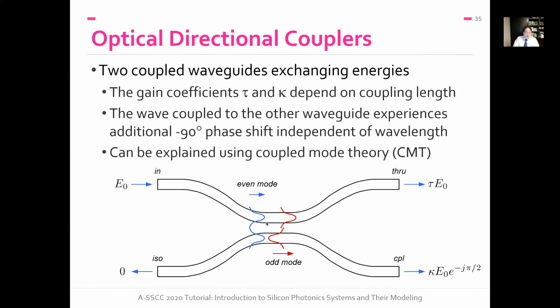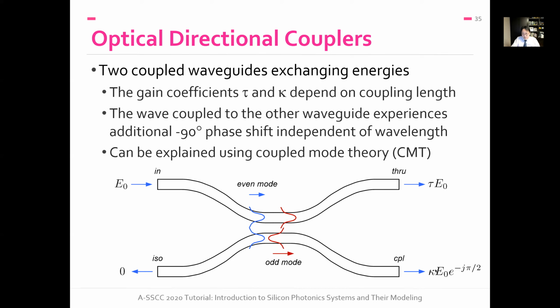But long story short, the end characteristic is that when there is an incident wave with a certain intensity, a fraction of that will just propagate through. So this tau is the amount of energy that just keeps propagating in the same waveguide. And some other energy will propagate to the other side.